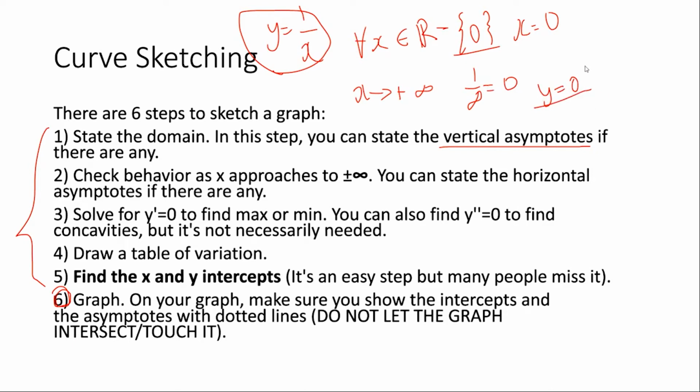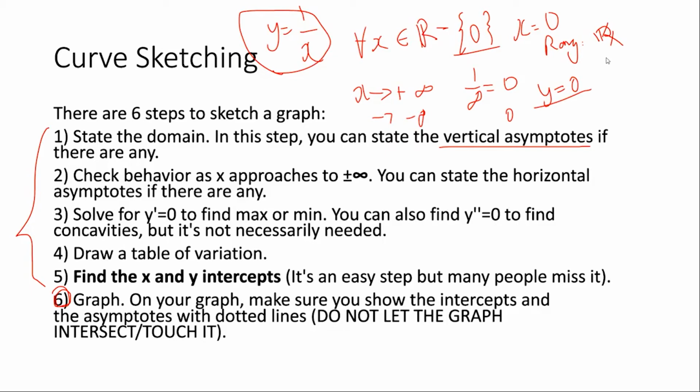In addition to that, you have to state the range. For range you just have to look at the equation. Notice how if you substitute plus infinity for x, you get 0. And if you substitute minus infinity, you get 0 also. So the smallest value you can get is 0.